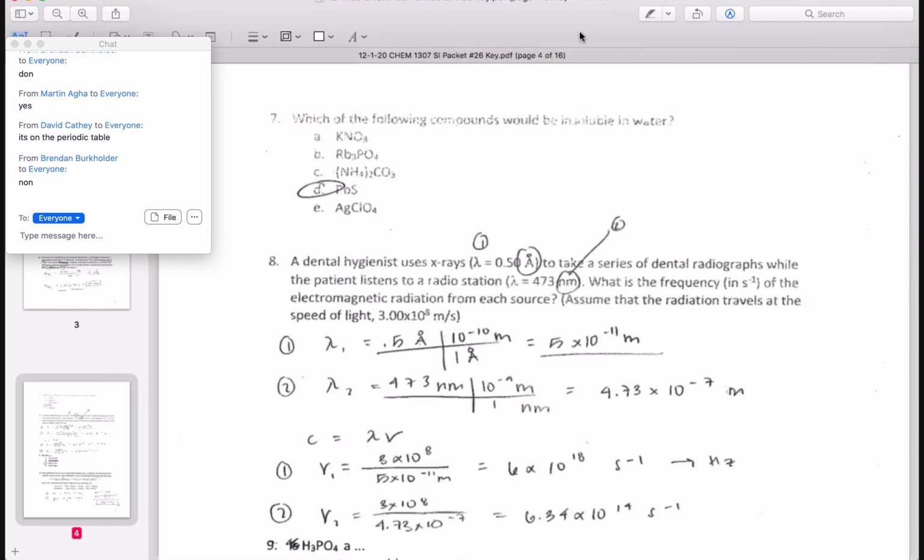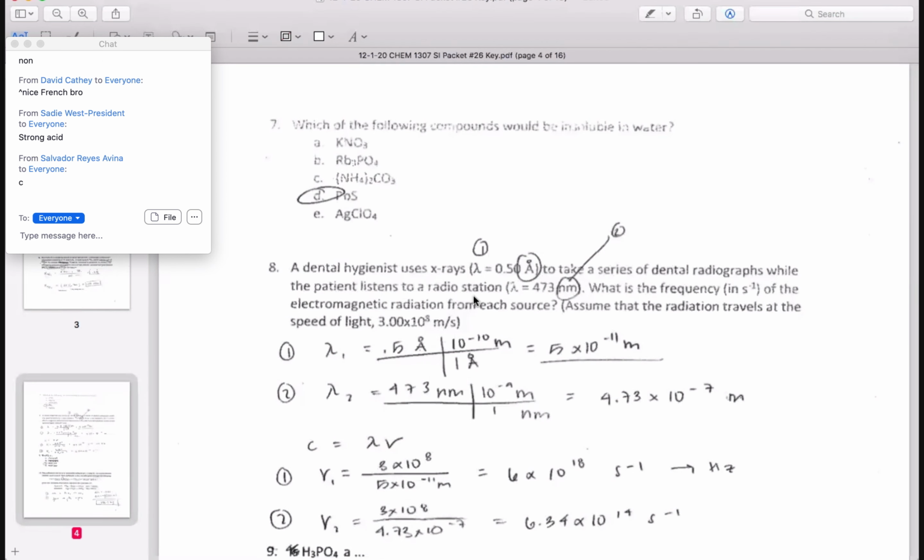Okay, so this one should be a nice breather. H3PO4 is what is y'all's answer for this one? So first off, do we think it's an acid or a base? Okay, yeah, perfect.